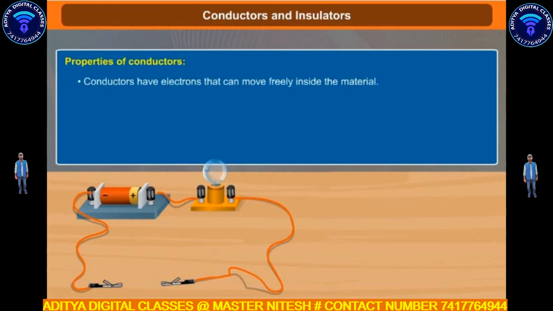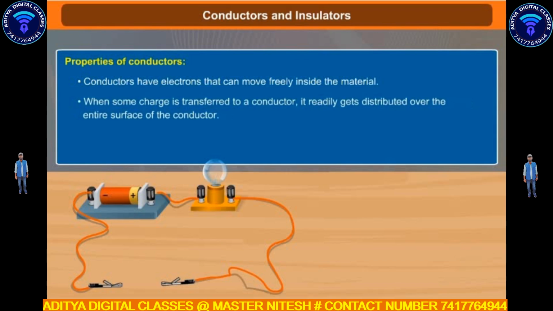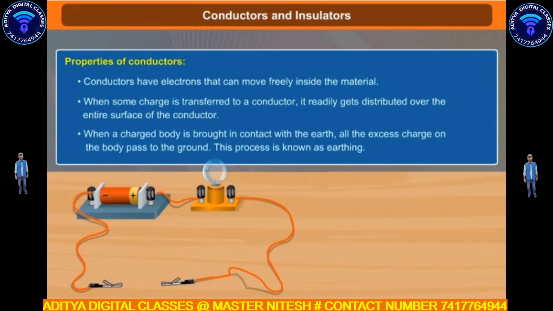Conductors have electrons that can move freely inside the material. When some charge is transferred to a conductor, it readily gets distributed over the entire surface of the conductor. When a charged body is brought in contact with the earth, all the excess charge on the body passes to the ground. This process is known as earthing.